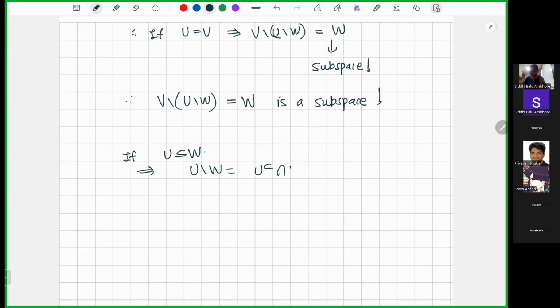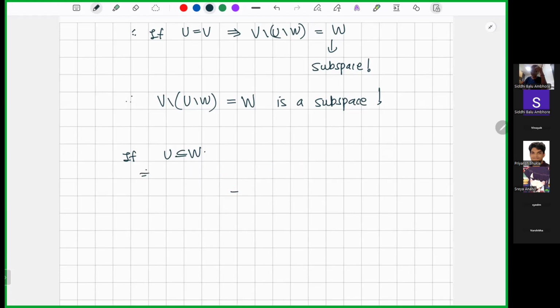U complement intersection W. But U is contained in W. So when I take U complement, this intersection W will be W itself. No. Will this be?